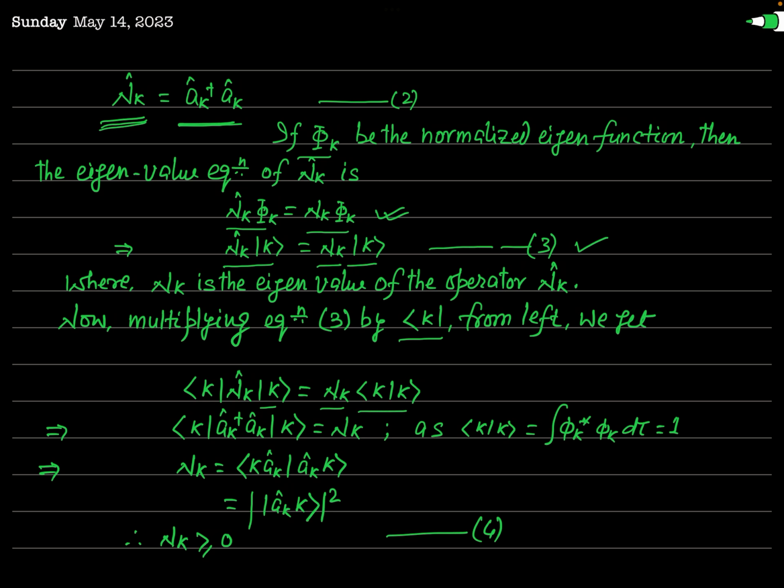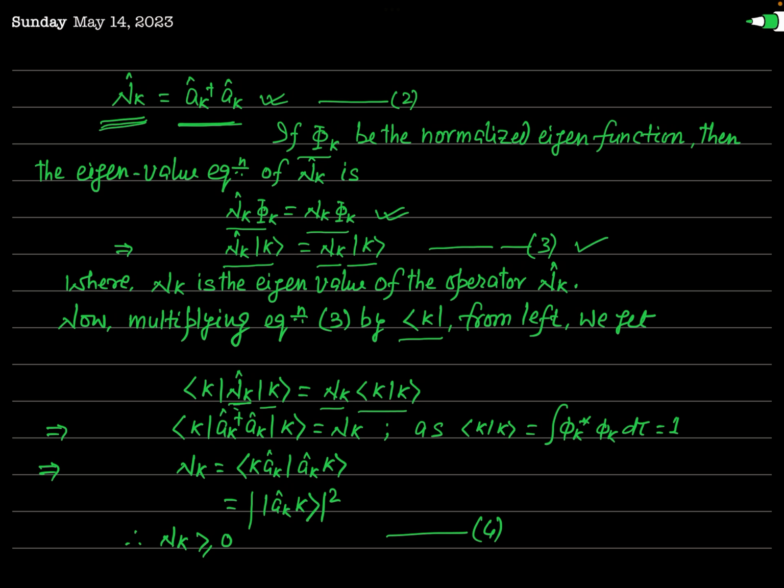In the RHS you can see this will be nk, a scalar product of k with k. But as you know, this nk hat we have defined in equation 2, and this operator nk hat is ak hat dagger times ak hat.